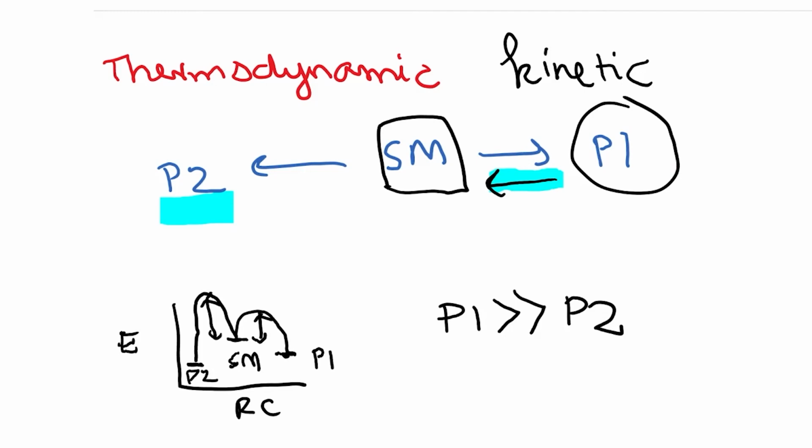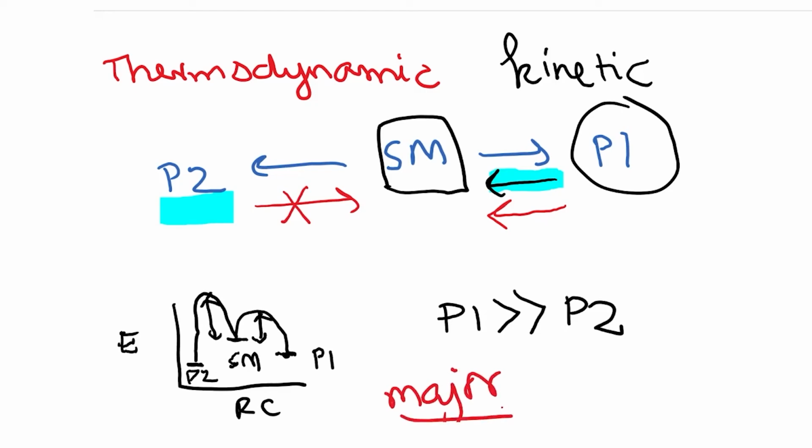However, if the formation of P1 is reversible, then this reverse reaction can occur, give you back the starting materials, and those can again react and give you P2. Now, if the formation of P2 is irreversible, that means the reverse reaction does not occur, then P2 ends up becoming the major product. And P1 is called the kinetic product, and P2 is called the thermodynamic product.